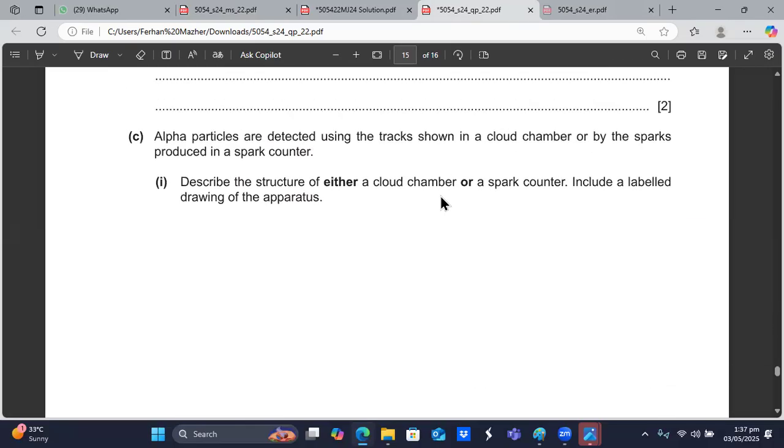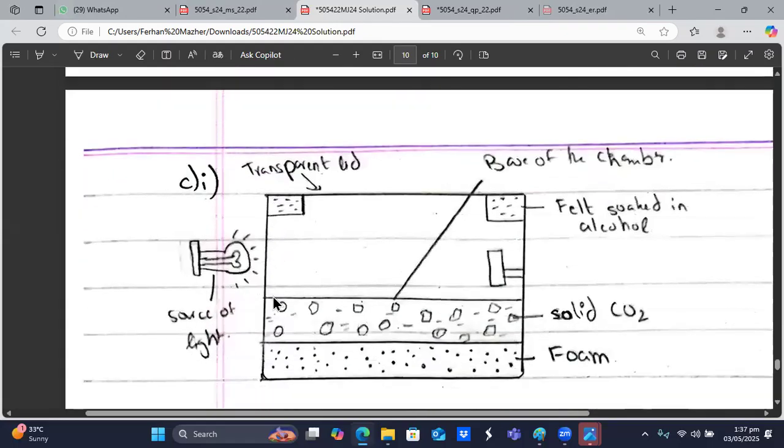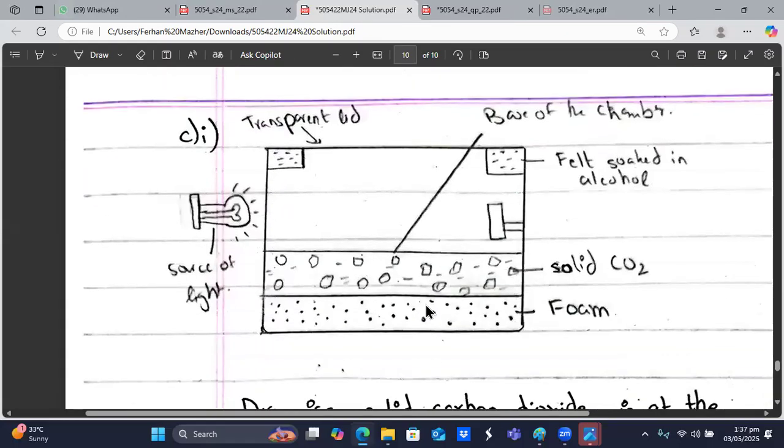So we are going to talk about the cloud chamber. In the cloud chamber, it's very simple what we do. At the bottom, we have taken a transparent container. The top is transparent, and at the bottom we put some foam for insulation, and then on that foam we put solid carbon dioxide.